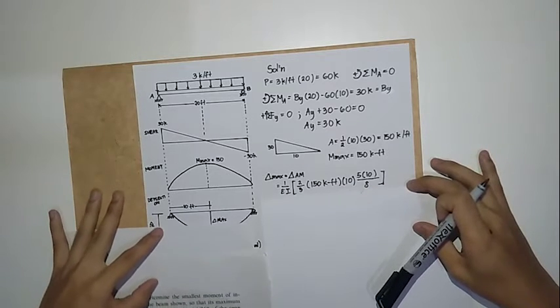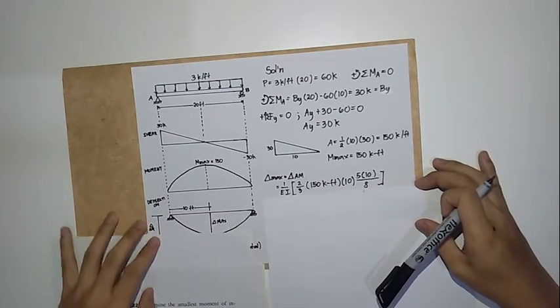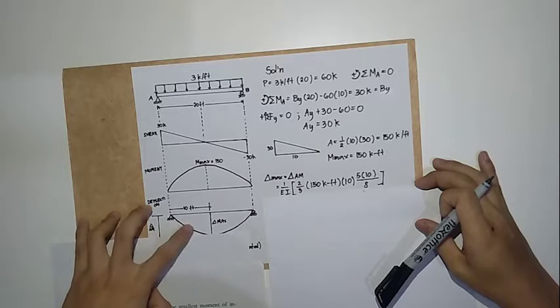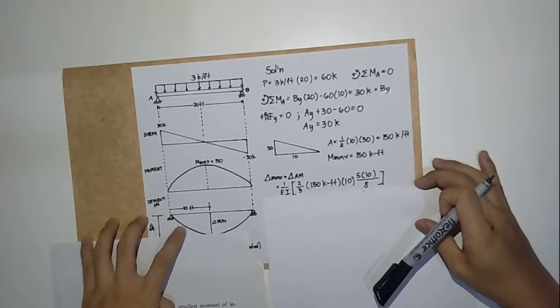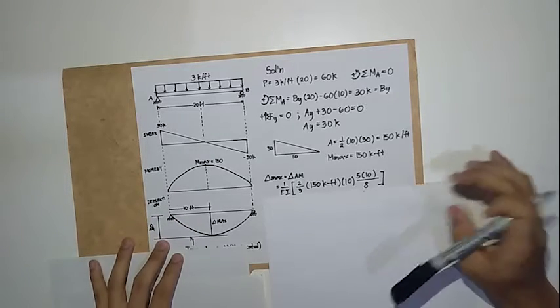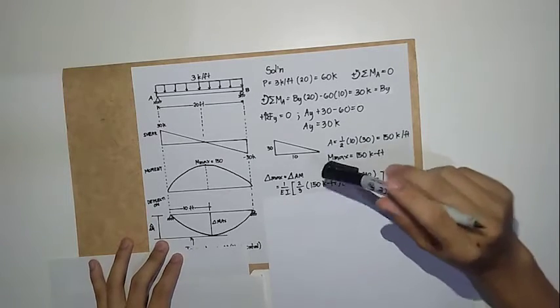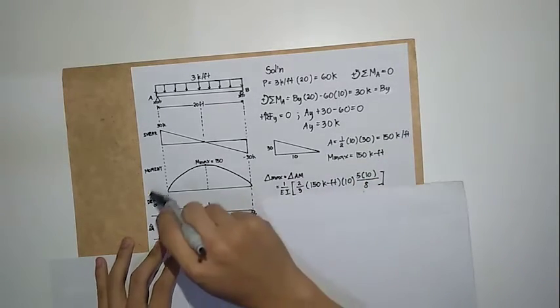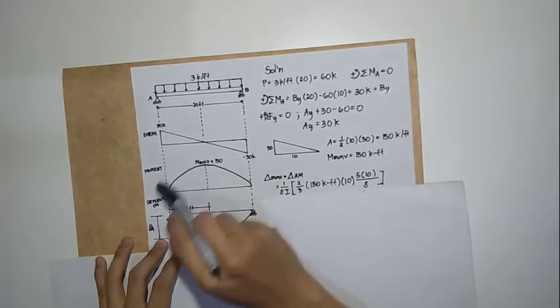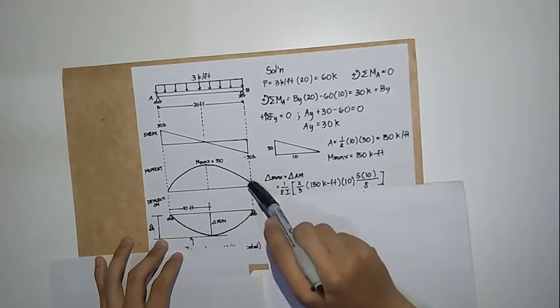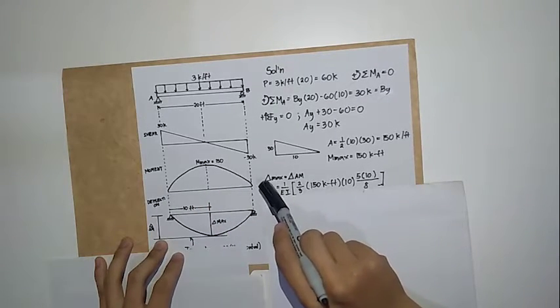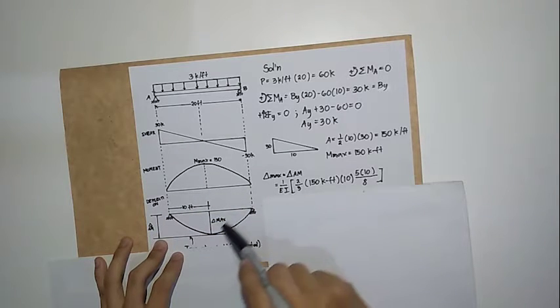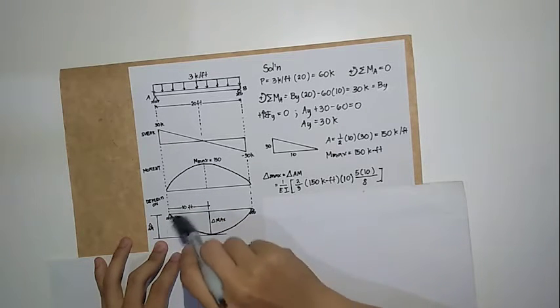Tapos, pagkatapos nun, kukunin na natin ang deflection area or gagawin na natin ang deflection diagram. At according sa mga videos ni Sir na pag ang moment diagram ay pa-sad face, meaning pa happy face po ang deflection.